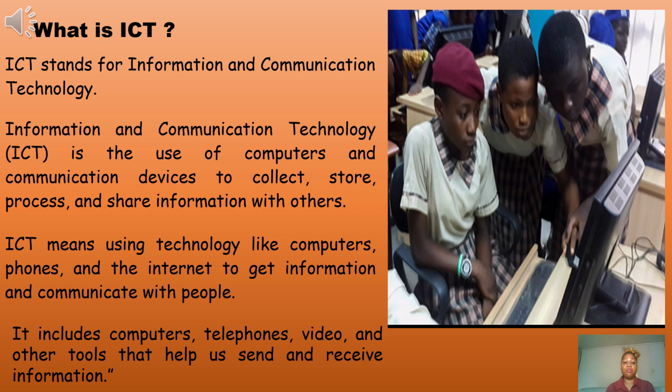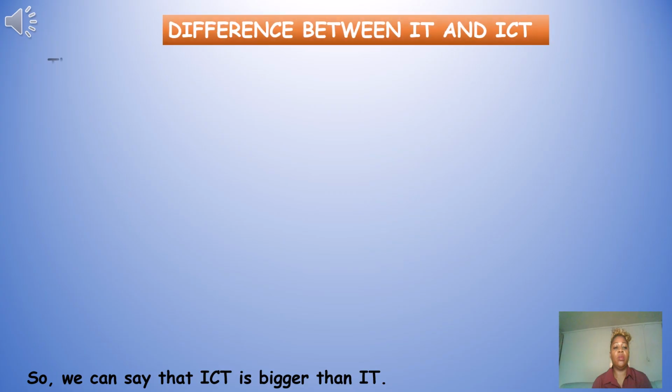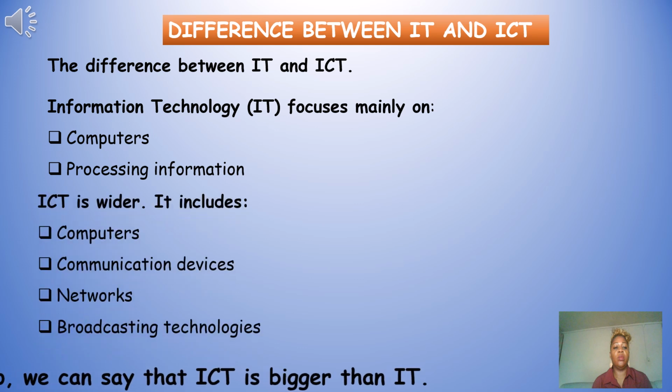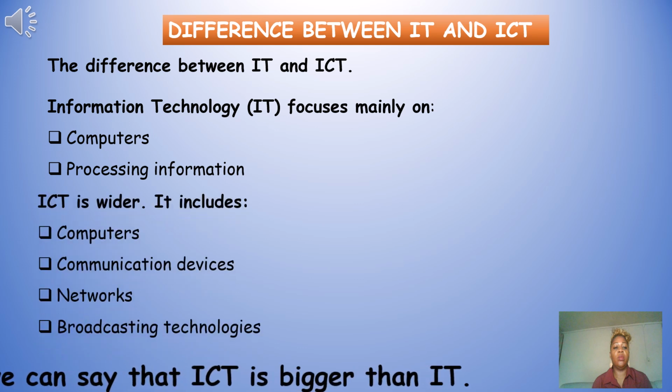Looking at the screen, you will see a picture of students sharing information using the computer. ICT is an umbrella term. It means that ICT is bigger than information technology.